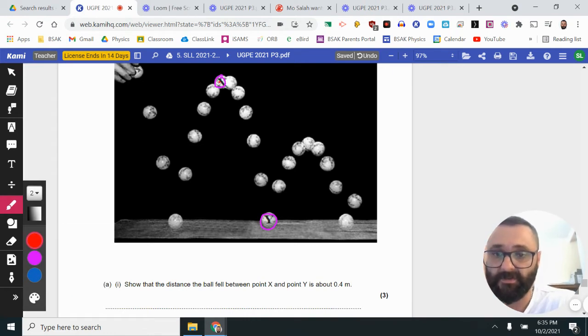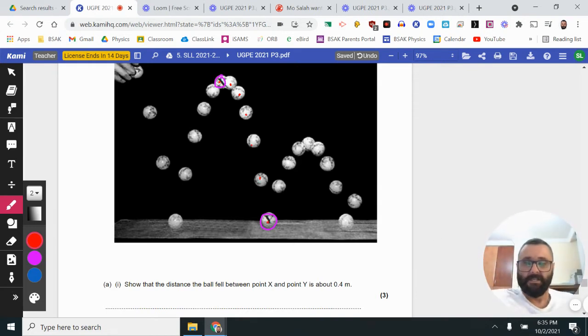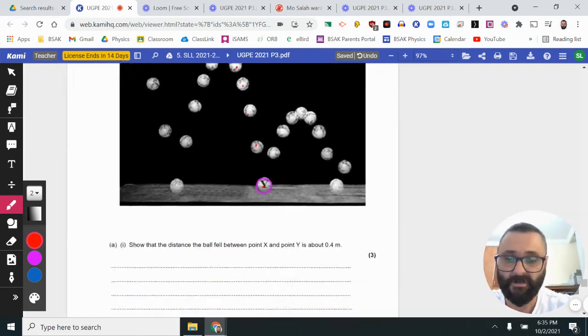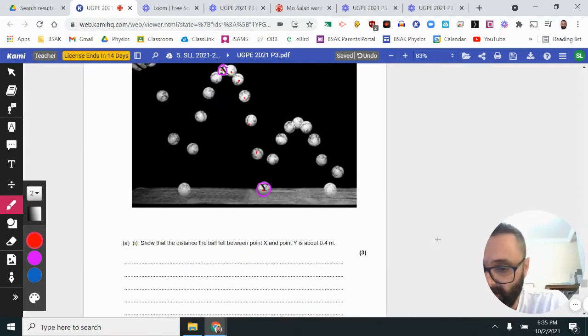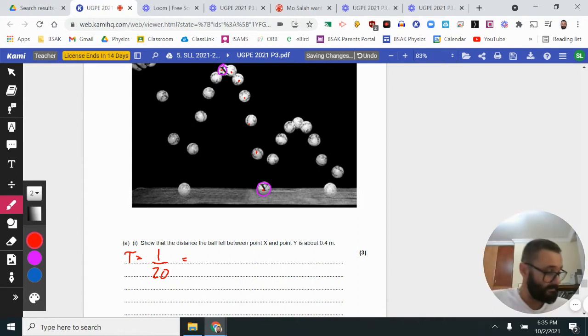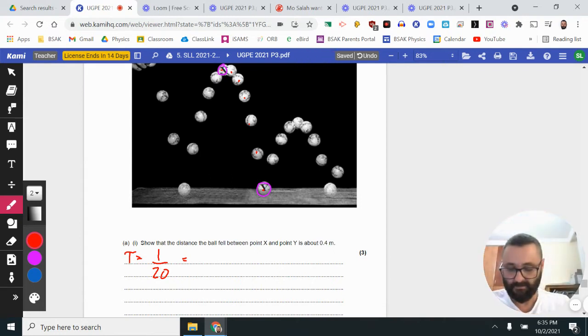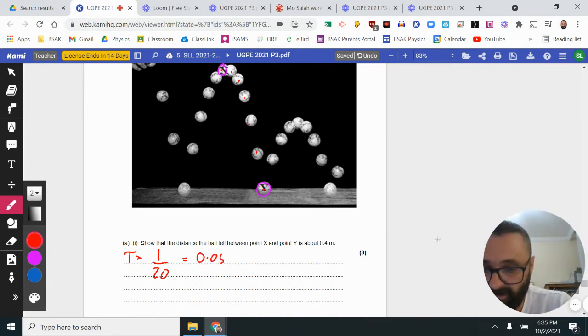Right, so here's our start point. We've got one, two, three, four, five, six. So we've got 6 frames after the initial one. So that's 6 increments of time. So the time between frames is 1 second over 20, 0.05 seconds.